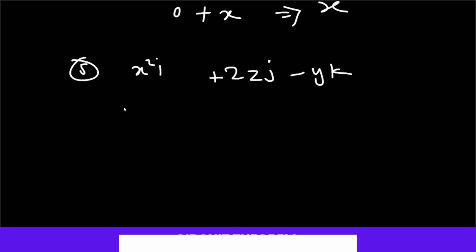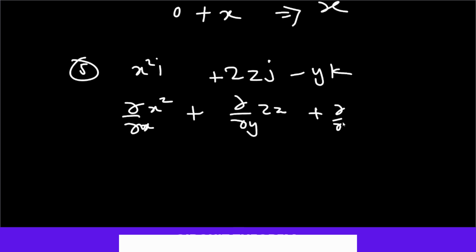So partially differentiating with respect to the x plane, we have only x squared, plus partially in the y plane we have 2z, and then in the k plane we have minus y. Okay.